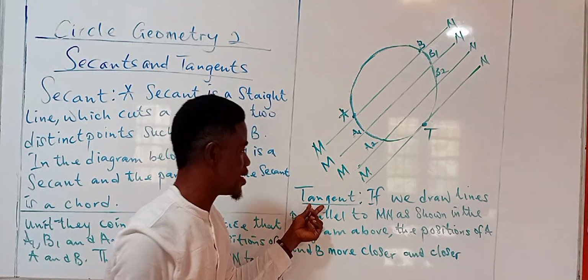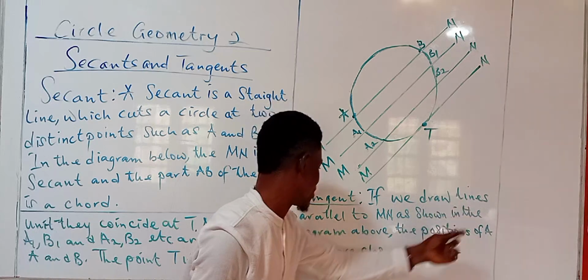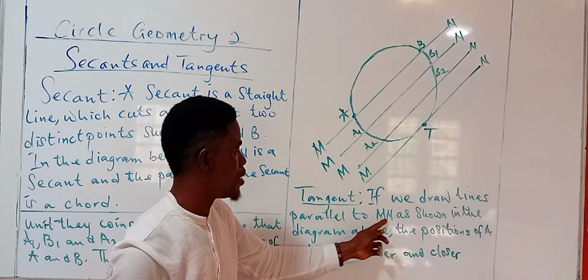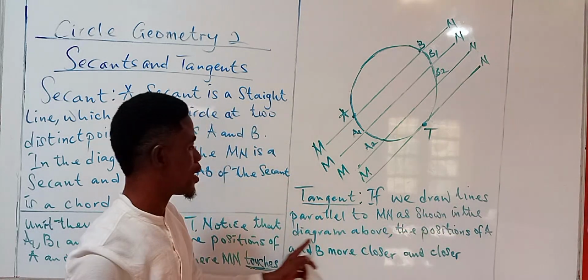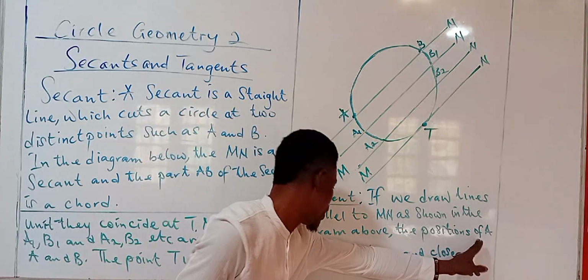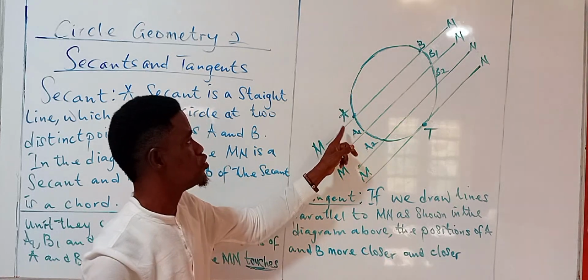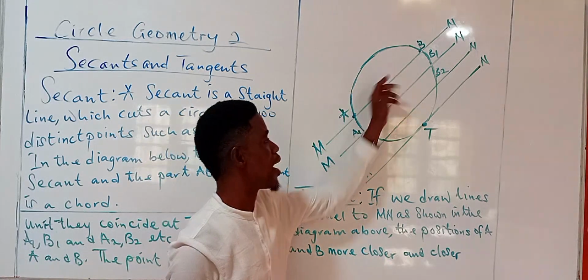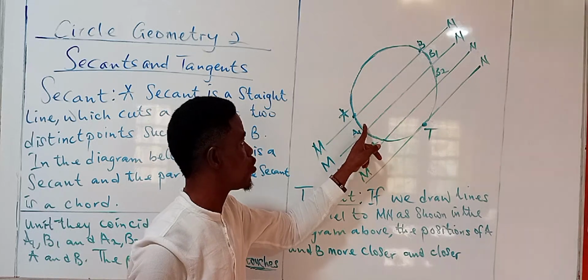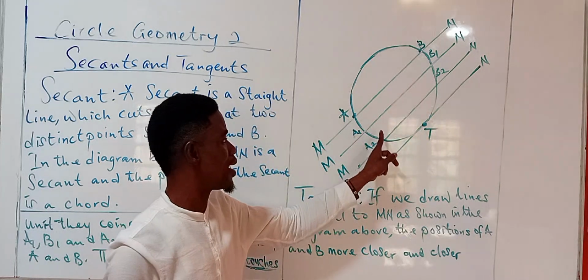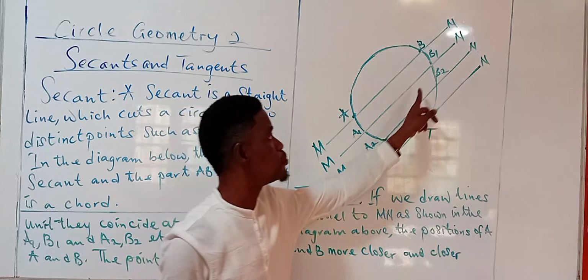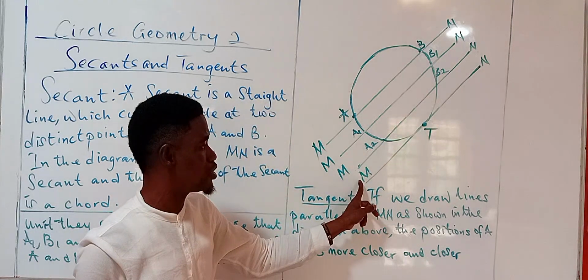Now, we say tangent if we draw lines parallel to MN as shown in the diagram above. The positions of A and B move closer and closer. You draw the line AB, then another line A1B1, then A2B2, and then MN.